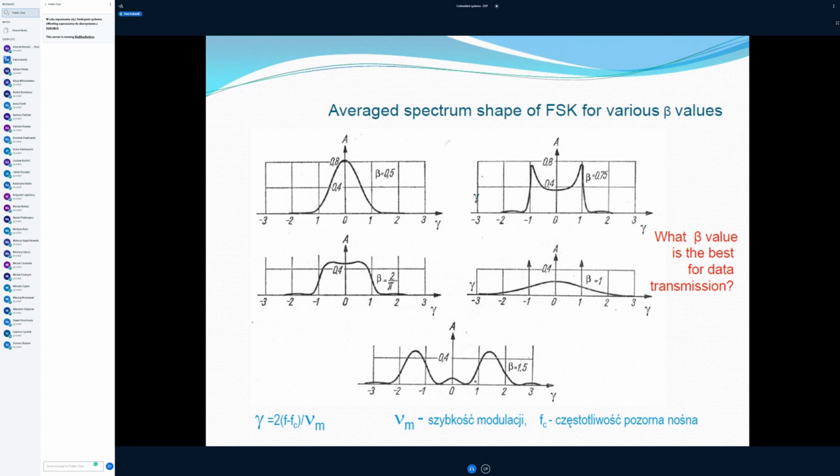But if you have a sequence of periodical data, you get very, very clear peaks or impulses in the frequency domain.